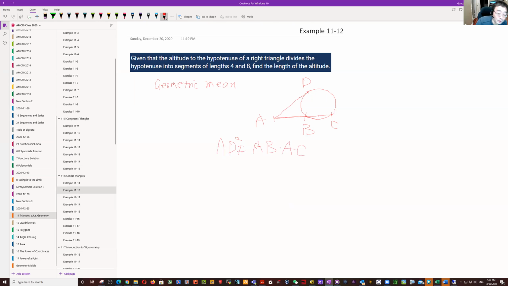Another way to construct a geometric mean is using the right triangle. Let me show how.